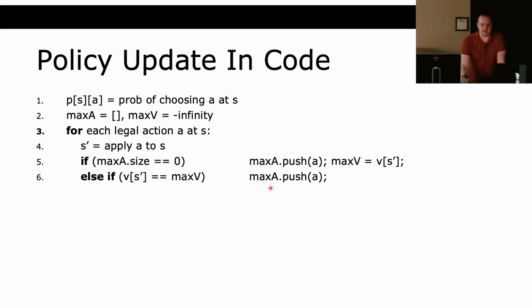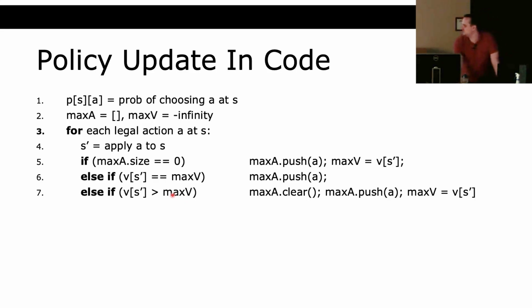So I'm just going to add this to the array, right? So if my first action gave me a value of 100, then action 1 is going to be in there. If action 2 also gave me the value of 100, and it's the same, then I'm going to just add this action into that array, because now I have two things that gave me the maximum.